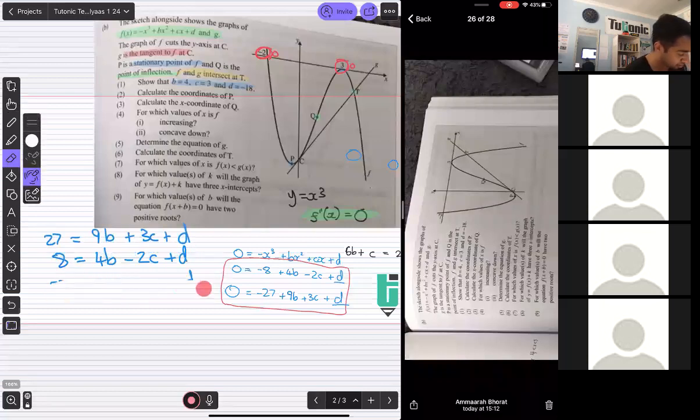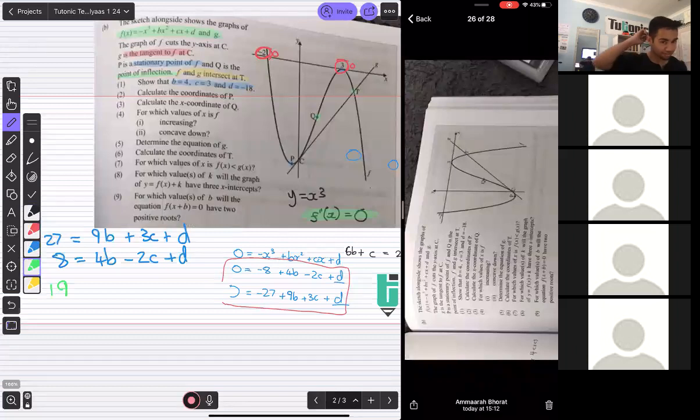So who's going to subtract the equations for me? So what's 27 minus 8? 19. Okay, 19, also a very significant number. Anyway, 5b and then 5c. And that's it. So there's your other equation.